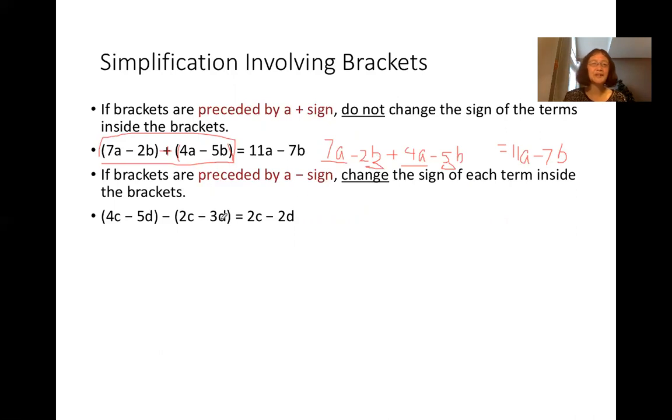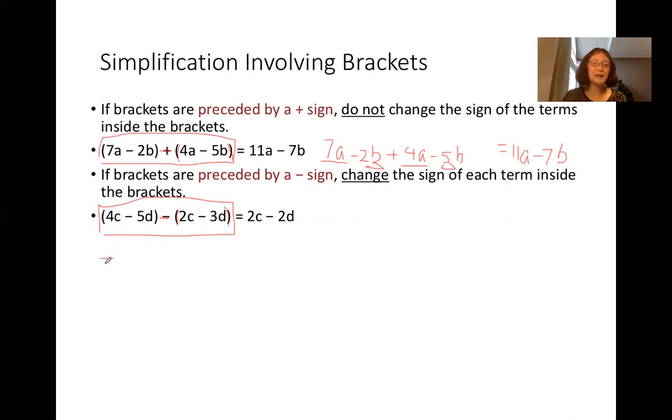Okay. So now let's look at this example. In this expression, you have a negative sign in front of the bracket. When you have negative sign in front of bracket, you need to change the sign of the items inside the bracket.